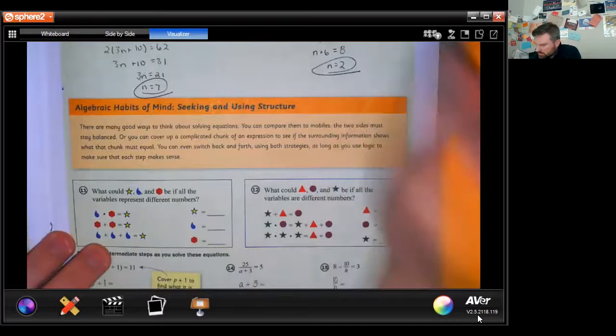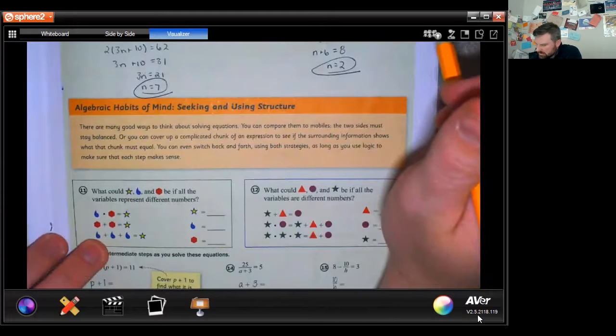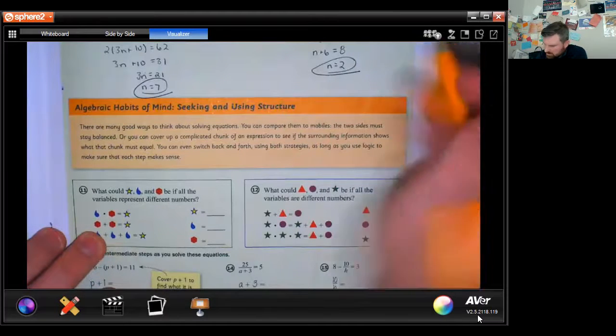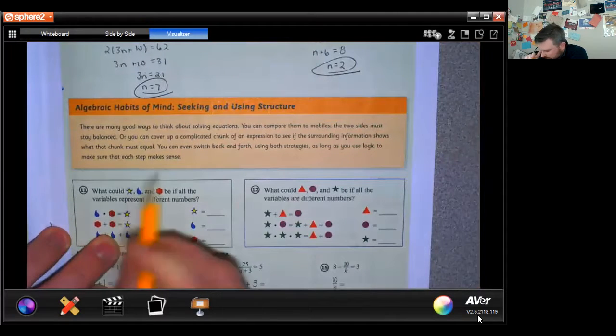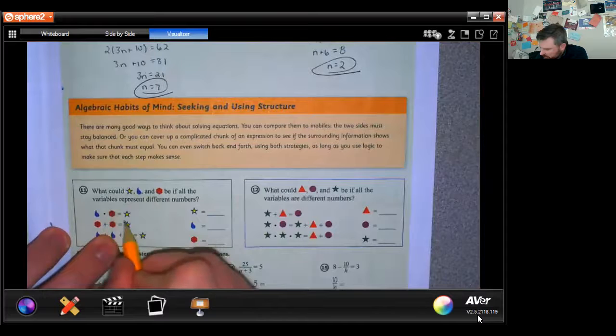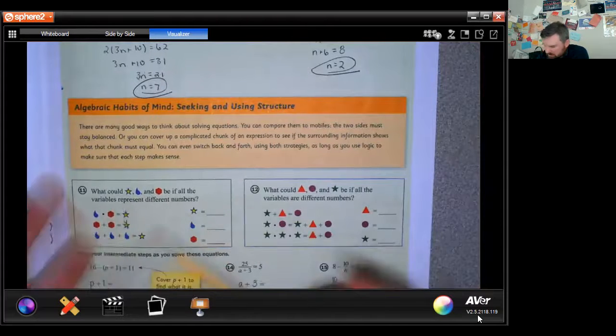Okay. Let's see if this was a 2. So 2 plus 2 is 4. So this would have to be 4, and this would have to be 2. I still can't do that.